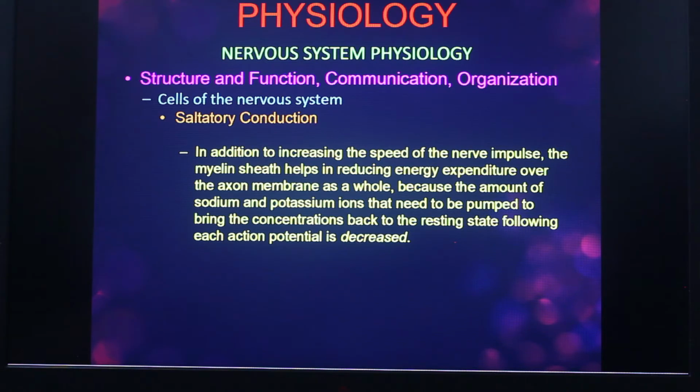But here in the myelinated axons, only at the nodes of Ranvier does the exchange of sodium and potassium take place. Hence, much less energy is consumed.